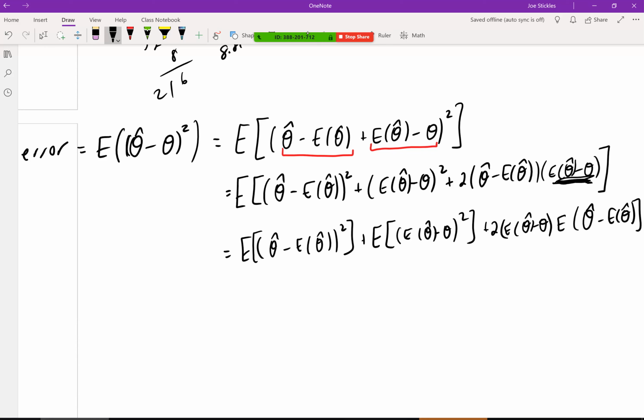So relative to computing expected value, this thing will be a constant. And the theta is representing the constant parameter of the population. So when I subtract them, they're both constants, so I can pull them out in front. That's why.